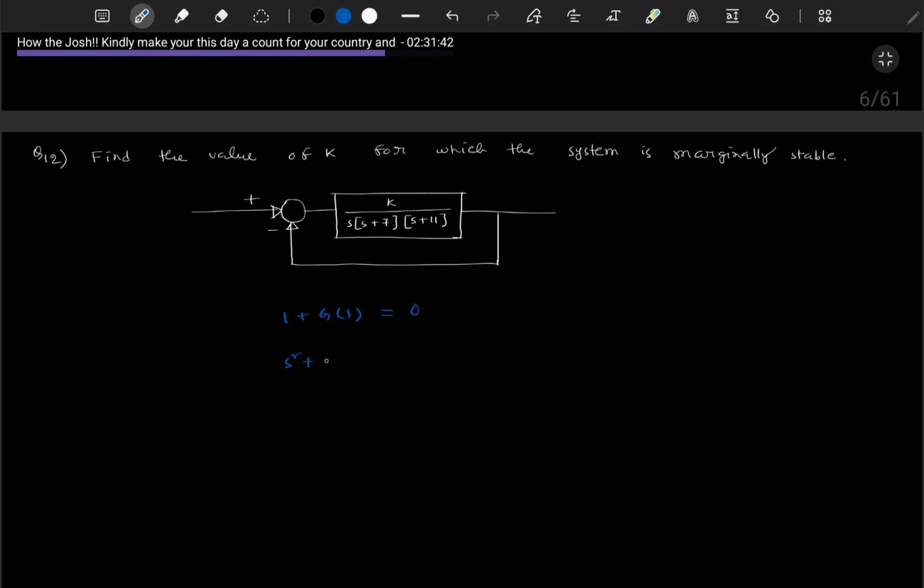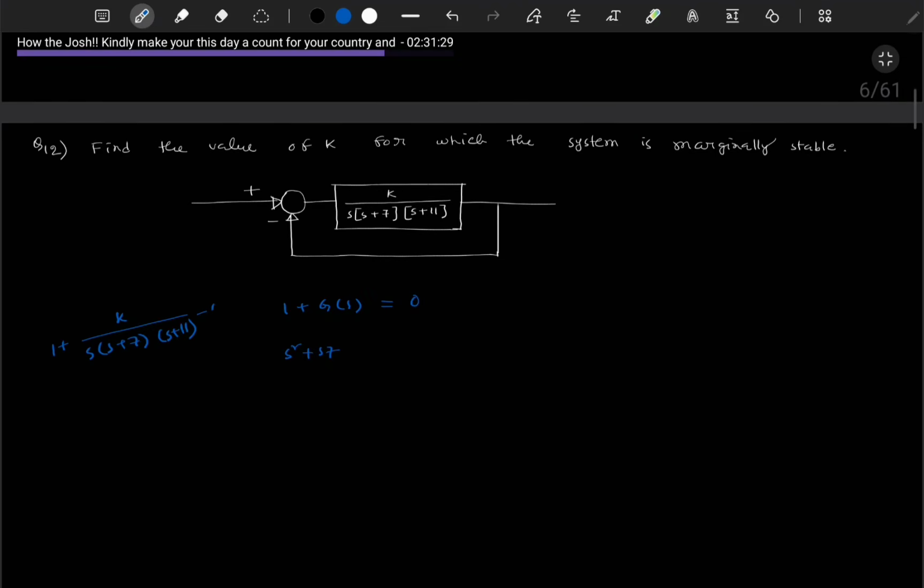You can understand it. 1 plus K by s plus 7 into s plus 11 equal to 0. From here we are taking this, then s plus 7 into s plus 11 plus K equal to 0.